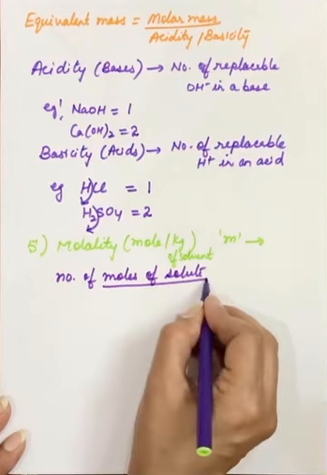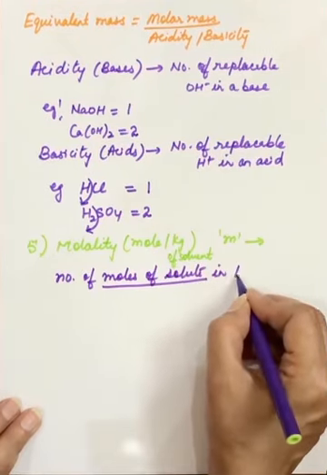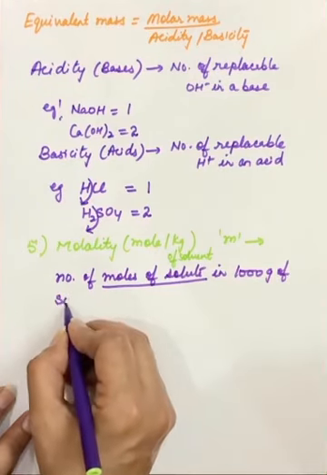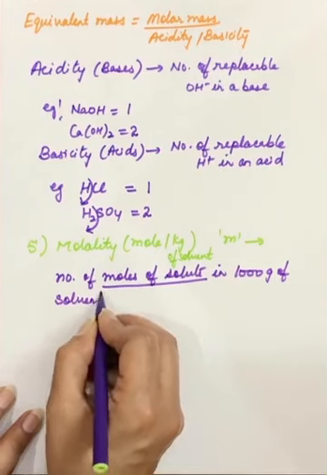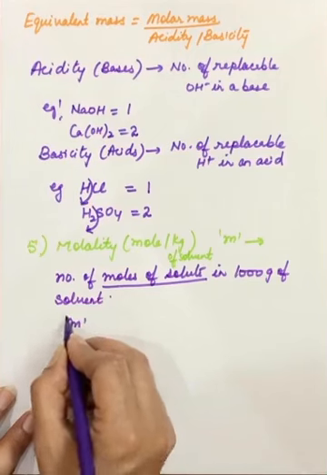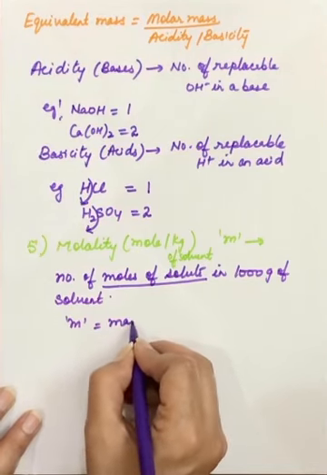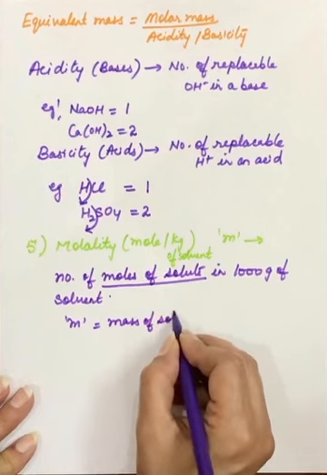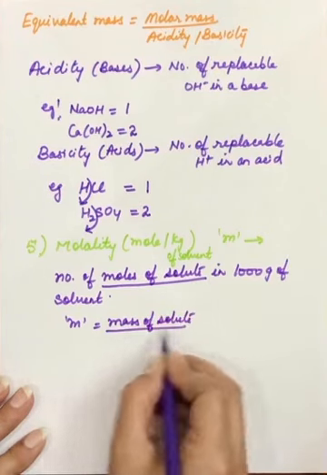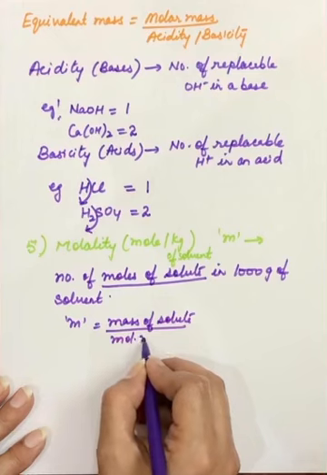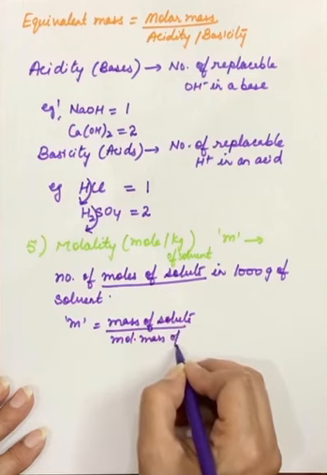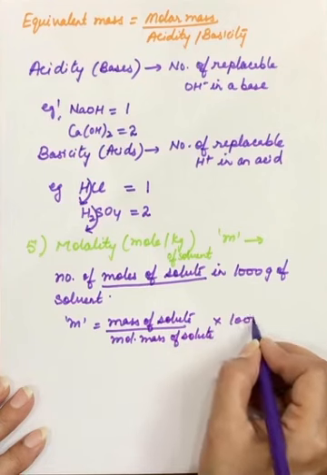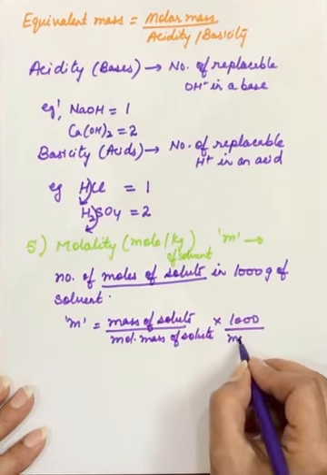Molality is the number of moles of solute present in 1000 grams of solvent, or we can say 1 kg of solvent. The formula for molality is moles of solute, where moles means mass of solute upon the molecular mass of solute, into 1000 upon mass of solvent.